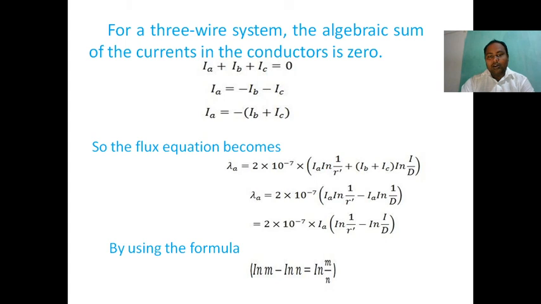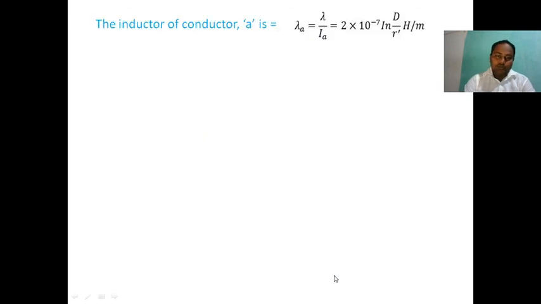The inductance of conductor A is L equal to lambda by Ia. So finally we get L equal to 2 into 10 power minus 7 log D by R dash.